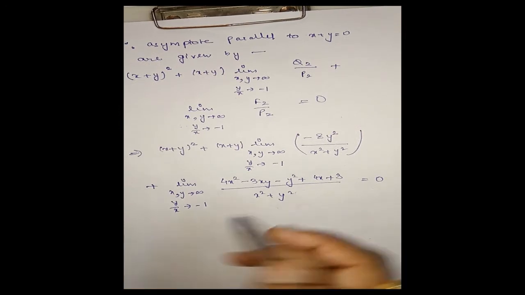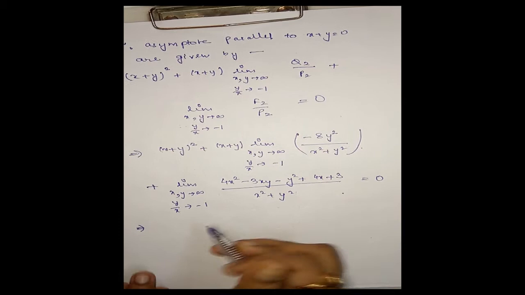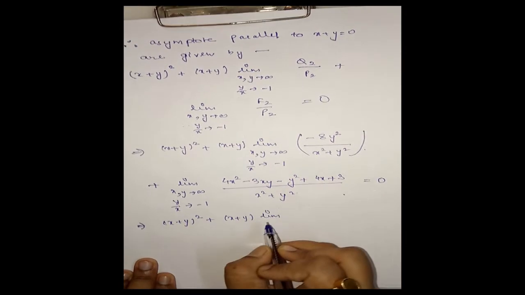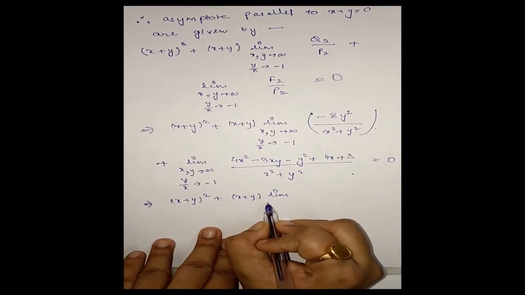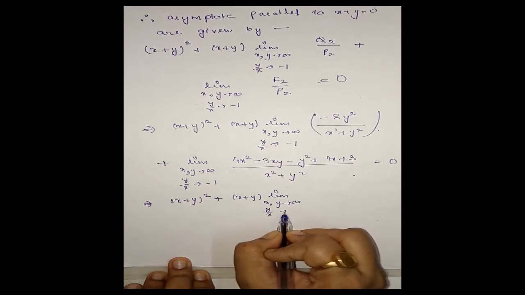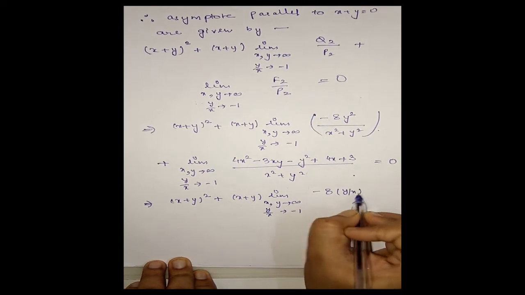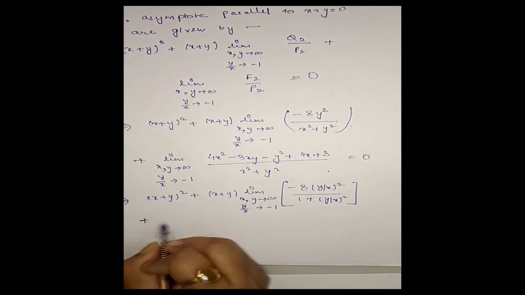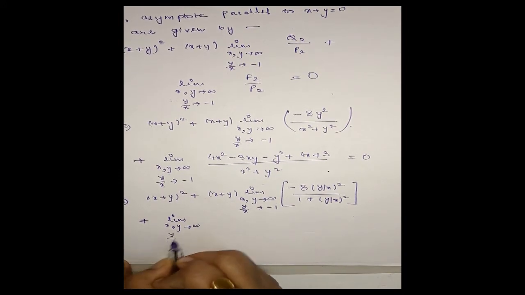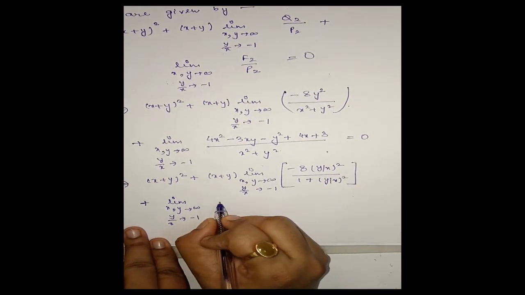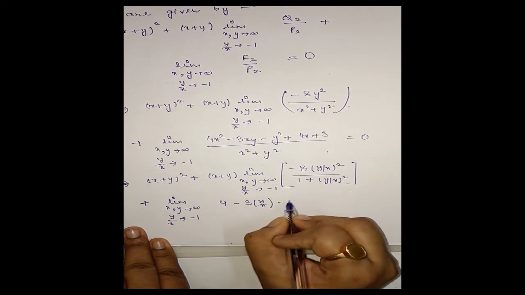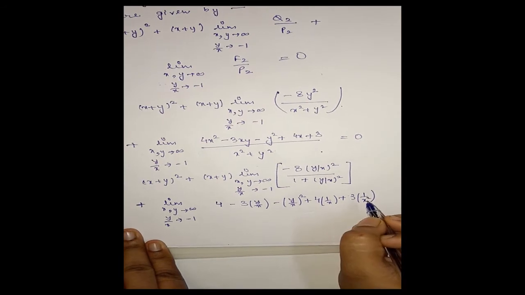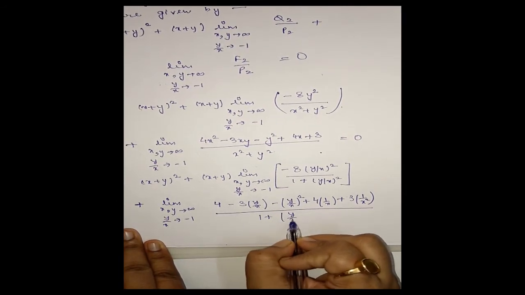Now taking limit, dividing numerator and denominator by x square, this is (x plus y) whole square plus (x plus y) limit xy tending to infinity, y by x tending to minus 1 of minus 8 (y by x) whole square upon 1 plus (y by x) whole square, plus limit xy tending to infinity, y by x tending to minus 1 of 4 minus 3 y by x minus (y by x) whole square plus 4 (1 by x) plus 3 (1 by x square) upon 1 plus (y by x) whole square.